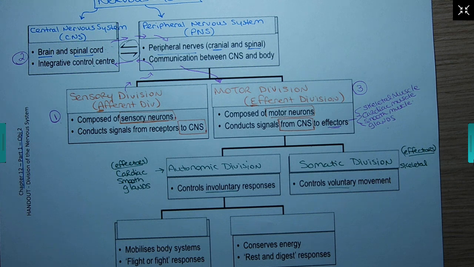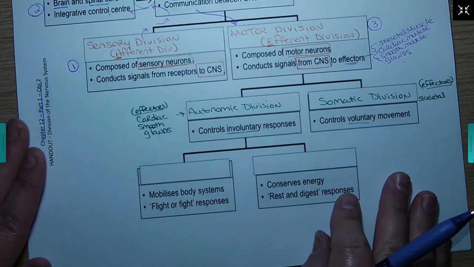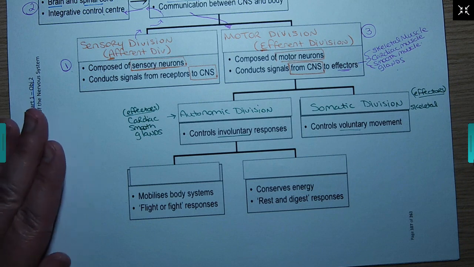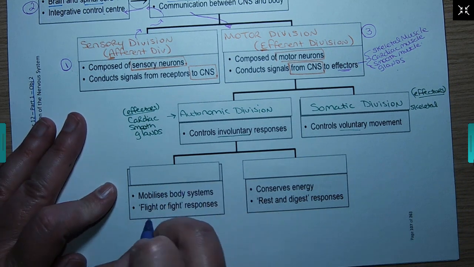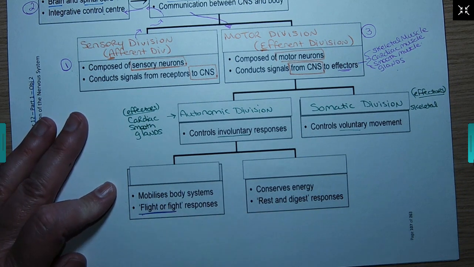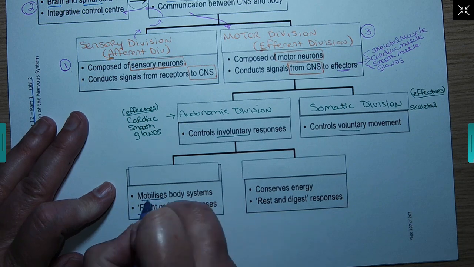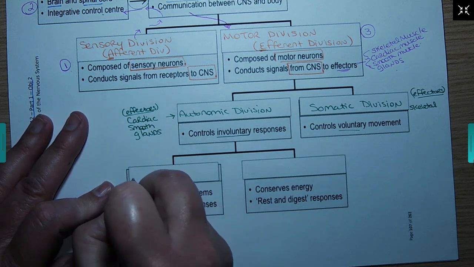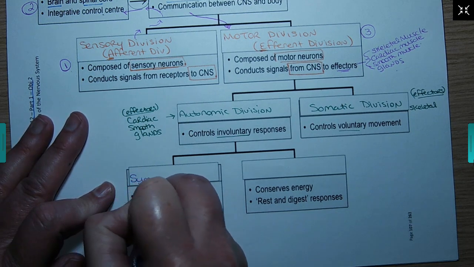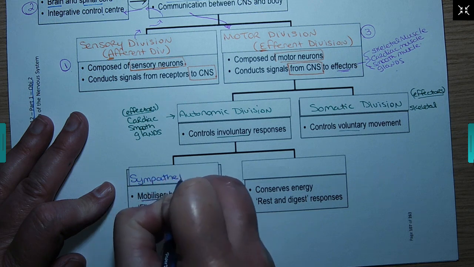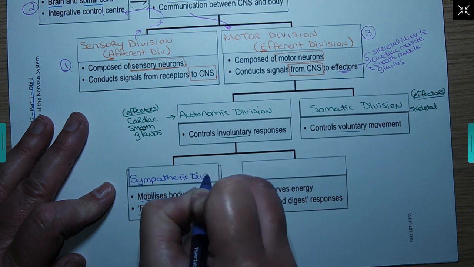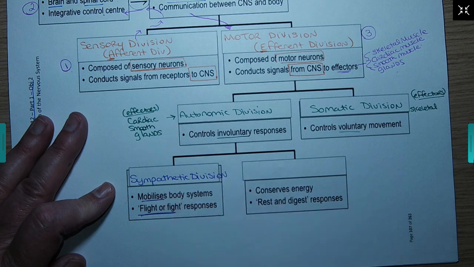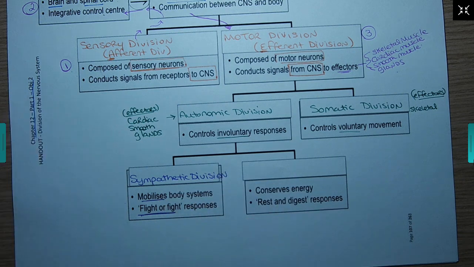The next thing we're going to take a look at are the 2 divisions of the autonomic division. This autonomic division can then be divided up into 2 divisions. This first one, which is part of your fight or flight response, gets you ready for action. This is called the sympathetic division. And this, again, is getting you ready to move.